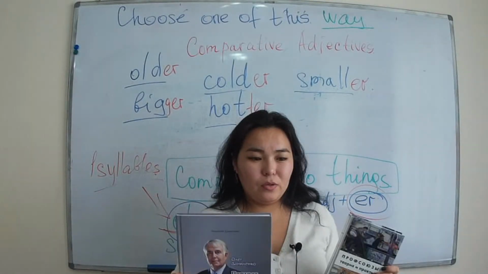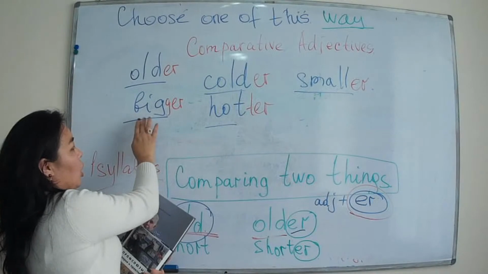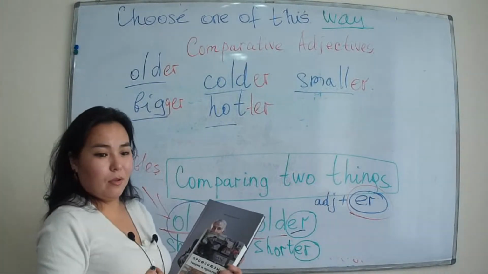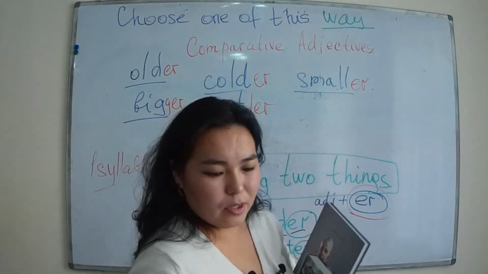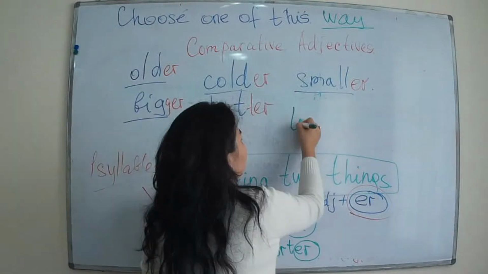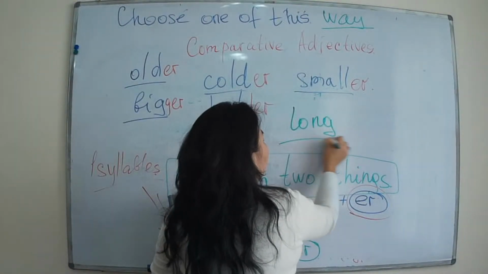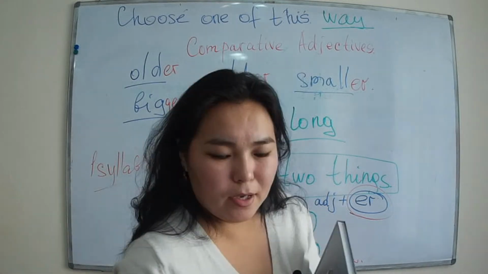You see? And we use an adjective with one syllable. One syllable, big, bigger.